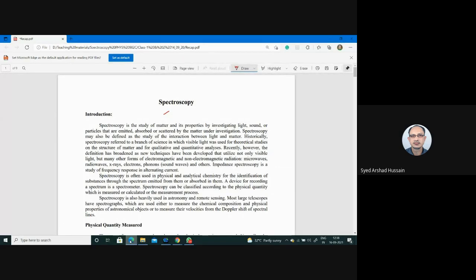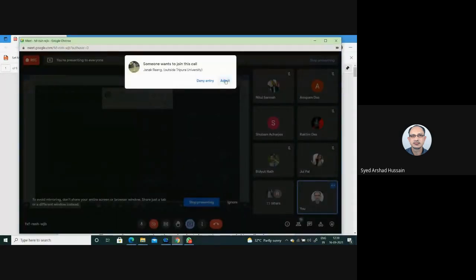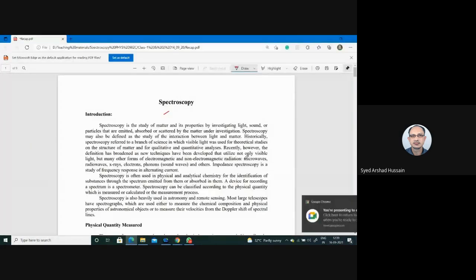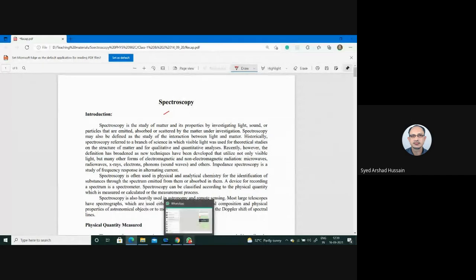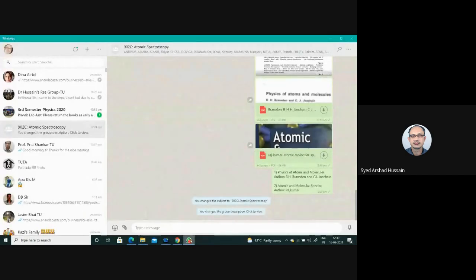I have already shared the syllabus and routine in the WhatsApp group. For books, I have given two books: one by Bransden and Joachain, Physics of Atoms and Molecules, and another, Atomic and Molecular Spectra and also Laser by Rajkumar.